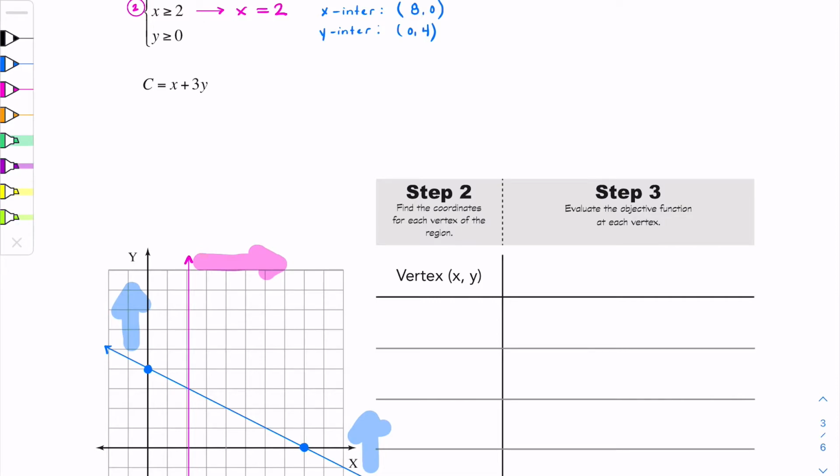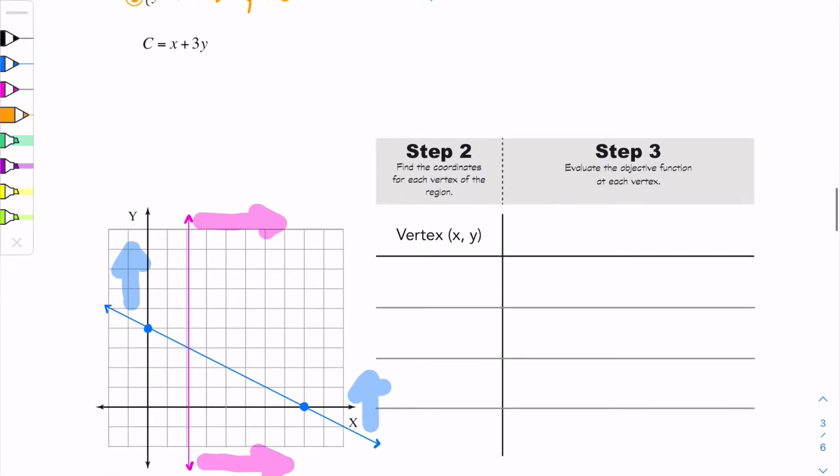And the last line that we are graphing is y is greater than or equal to 0. That tells us as an equation we would be graphing y equals 0, which is a horizontal line that follows right along the x-axis.